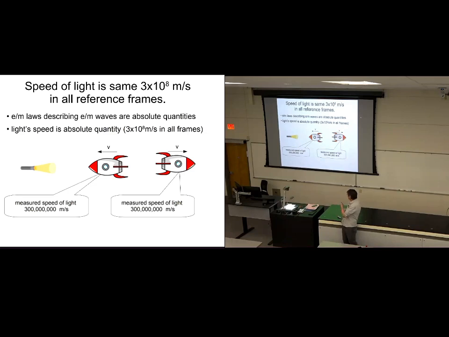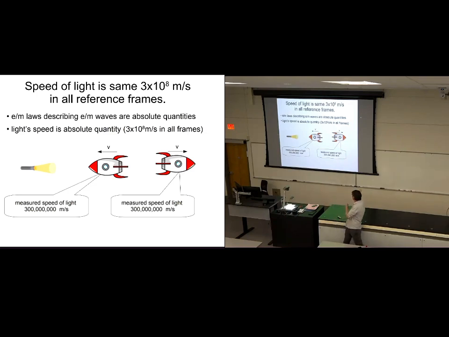This is the craziest thing. Supposing this spaceship on the left was to travel towards the flashlight at 99% of the speed of light, supposing you could build a spaceship that can travel towards the left at 99% of the speed of light, what would it measure these light rays to be traveling at? Even though it's heading towards the flashlight at 99% of the speed of light, it measures them traveling at the speed of light, 3 times 10 to the 8 meters per second.